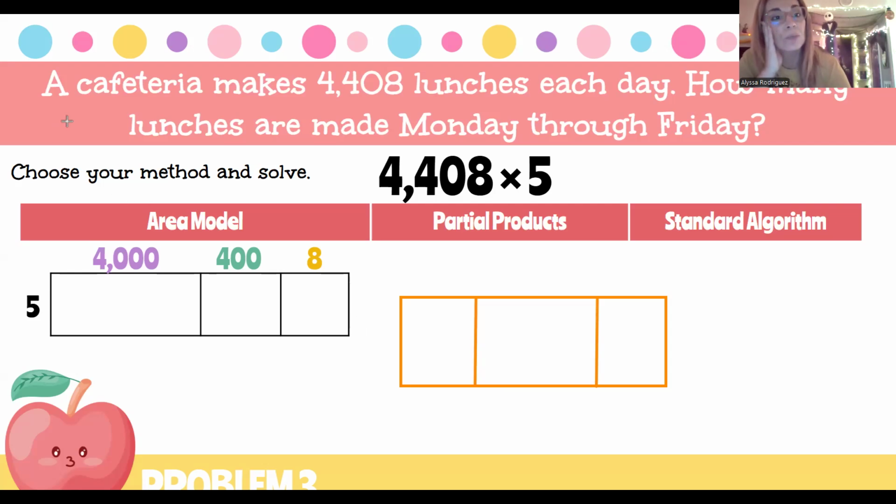So you are going to write a 5 right here. 20 right here. And on this one is going to be 400. Because it's 425 times 4. So you're going to put your 4 over here.